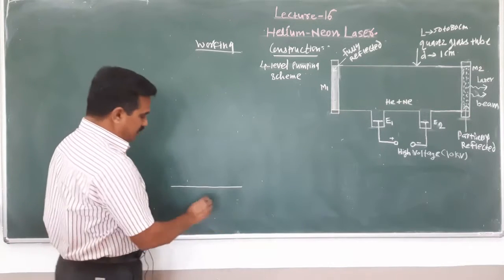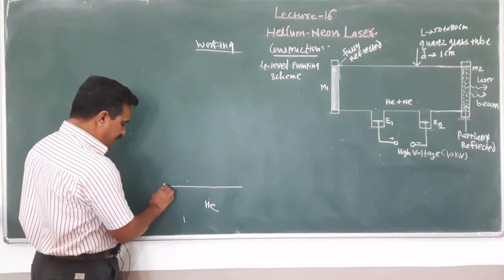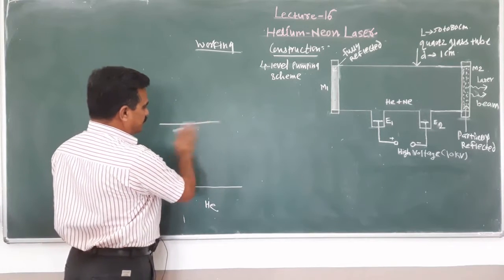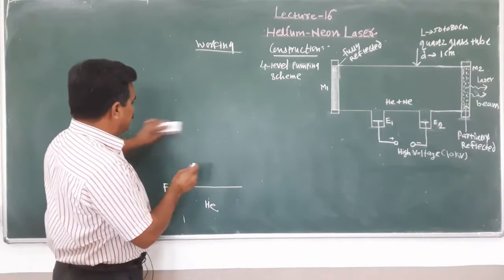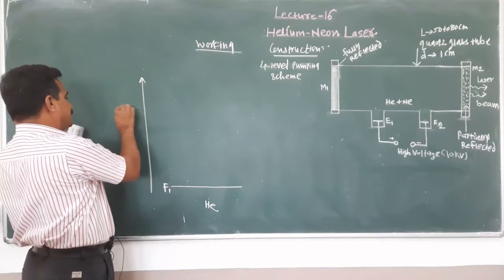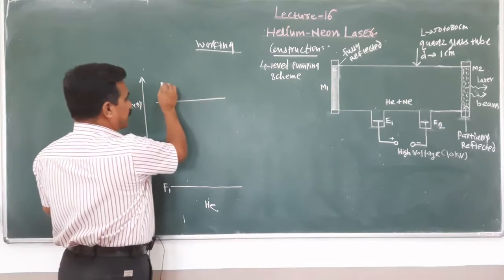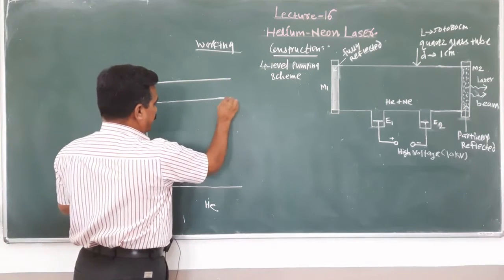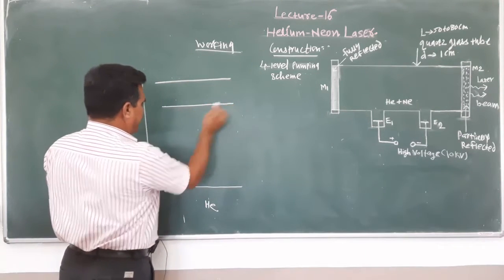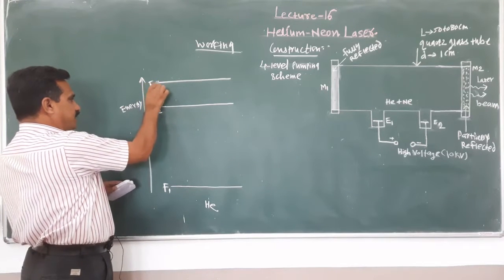this is actually the ground state of helium, we call it F1. Next state, energy level. F1, F2 and F3.